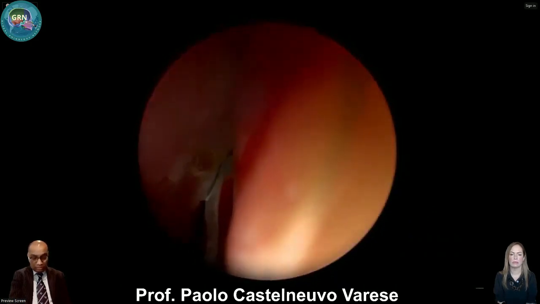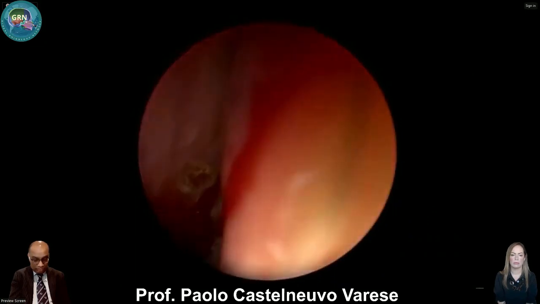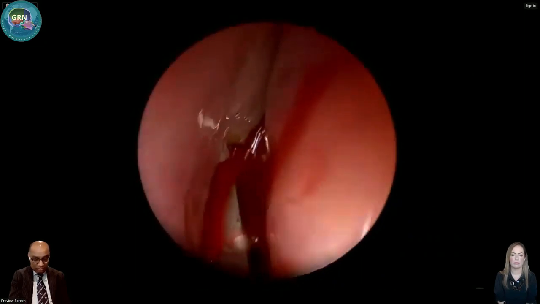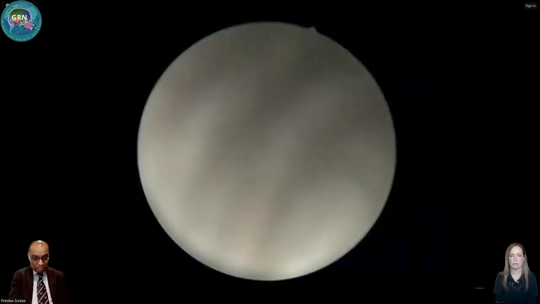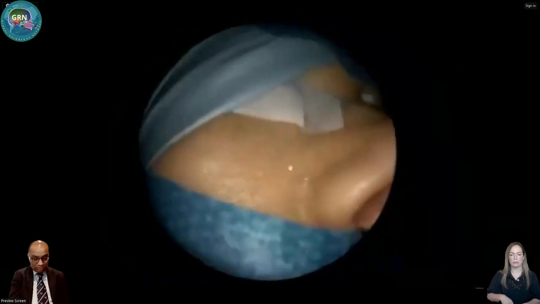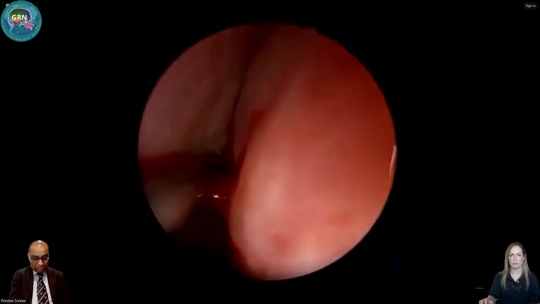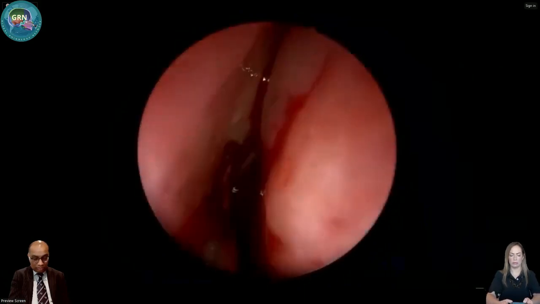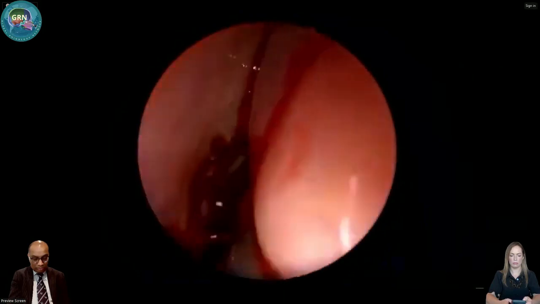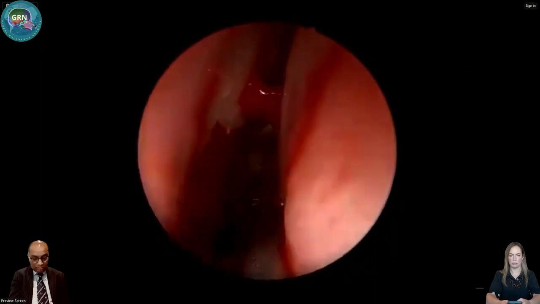Yes, we can use also the monopolar like the Colorado. Here I am taking the superior plane, it's quite difficult to reach.